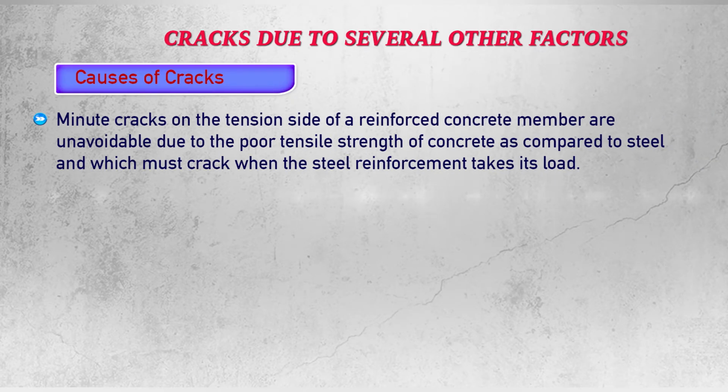Minute cracks on the tension side of a reinforced concrete member are unavoidable due to the poor tensile strength of concrete as compared to steel, and which must crack when the steel reinforcement takes its load.